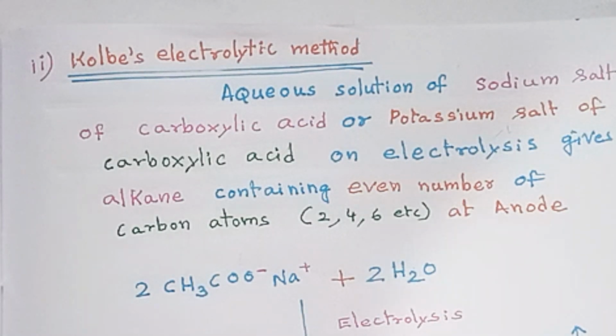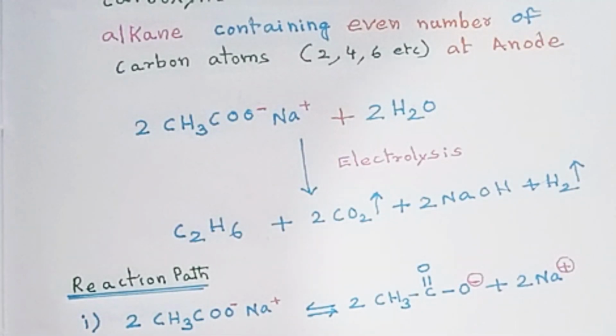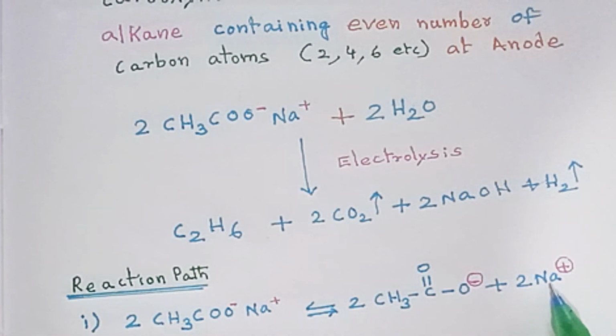Now let's see the reaction path. First of all, the sodium acetate salt is split into acetate ion and sodium ion.